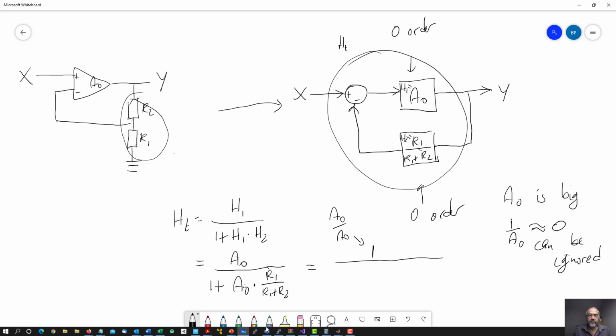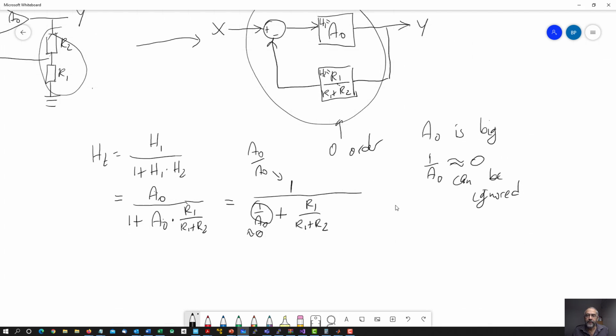And if we divide this here by A0, then we get 1 over A0 plus R1 divided by R1 plus R2. We are getting rid of this factor A0 because we divide by A0. And now we have this 1 over A0 over here. And we know that A0 is big. So this factor here is almost zero. That's nothing, so we can ignore it.